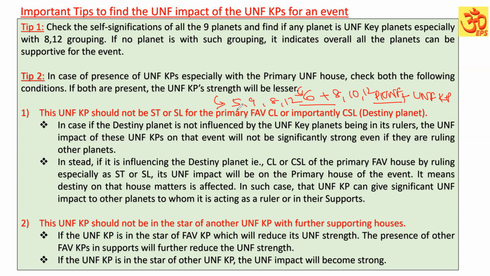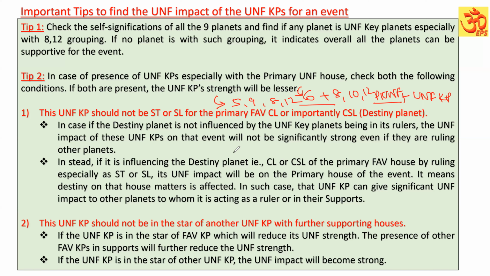In such a case, whenever this planet plays as the star lord or sublord for another planet, the impact is not going to be completely unfavorable on the 10th house matters. It can give some impact on the 10th house matters because of the unfavorable houses, but it will not be detrimental because the destiny planet is not affected.